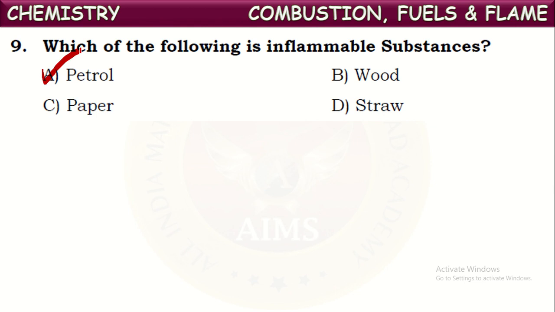Because the petrol present inside should be carried very carefully, as its ignition temperature is very low. It may catch fire even at very low temperatures and may cause explosions and fire accidents. So substances like petrol have very low ignition temperature. That is why they are called inflammable substances.